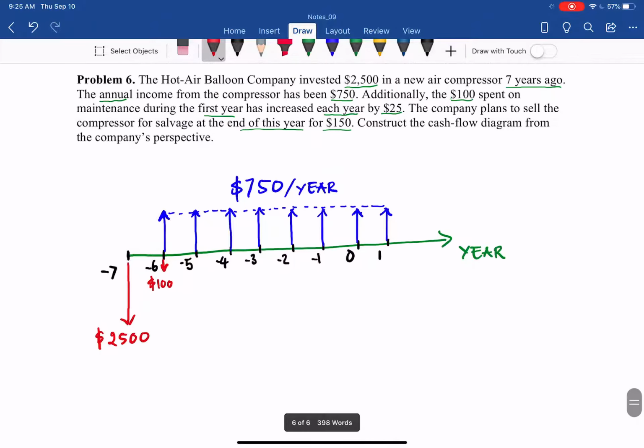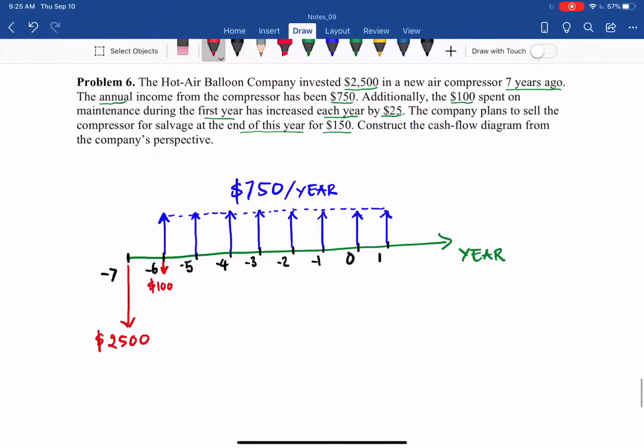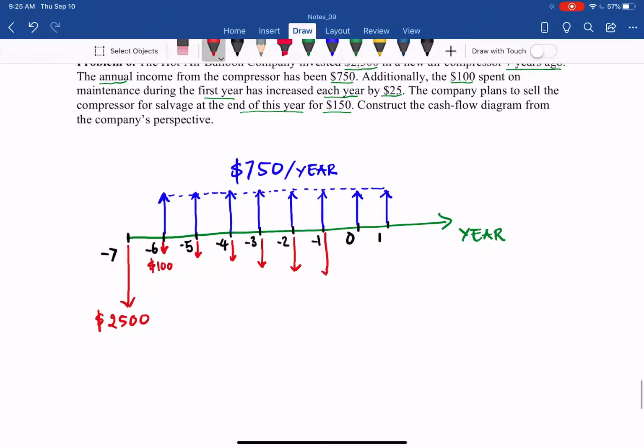Then it increases 25 every year. So 100, then 125, 150, 175, 200, 225, 250, and 275.